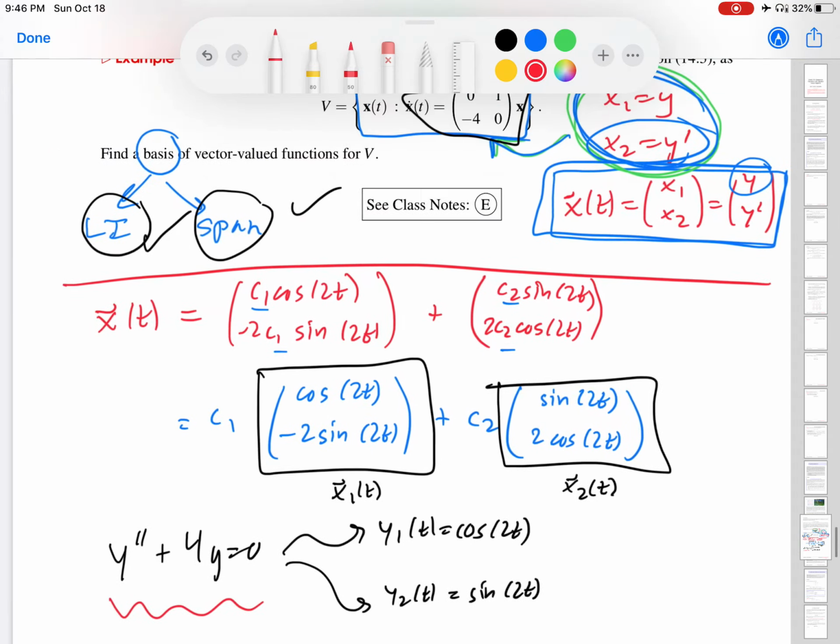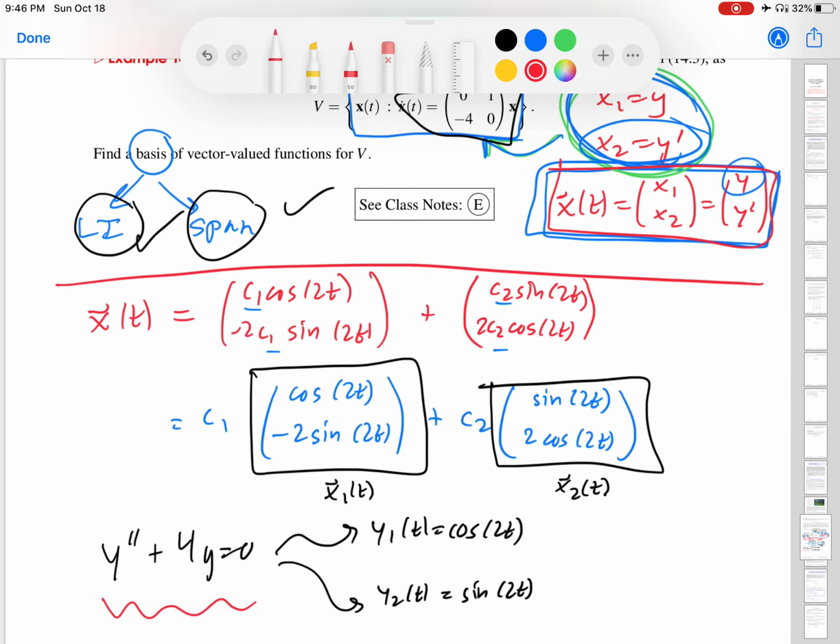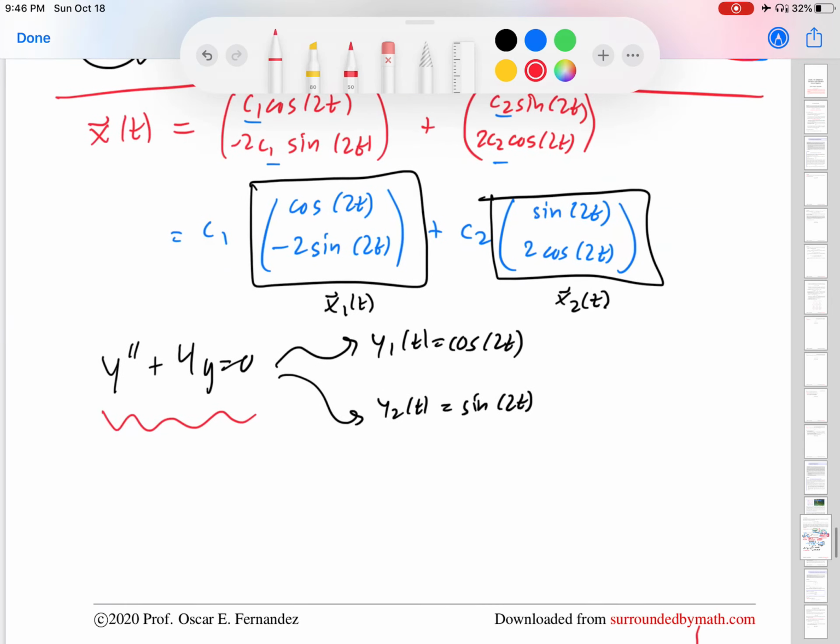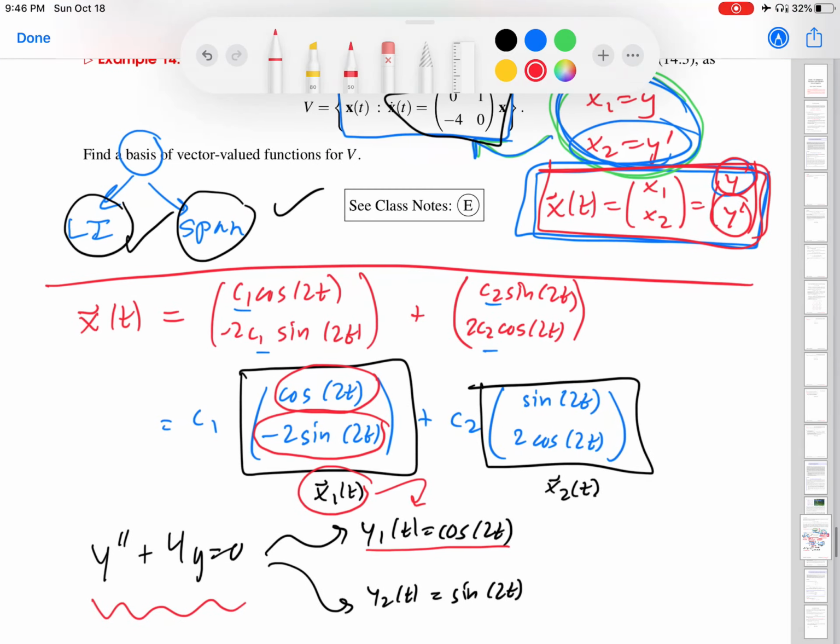Remember, because all the vectorial representations have the form y and y prime, then what can we say? We can say that x1 is like the vector version of y1. Right? Here is literally y1, and then this is y1 prime. Why is it y1 prime? Because all vector valued functions in this procedure have their components y and y prime.